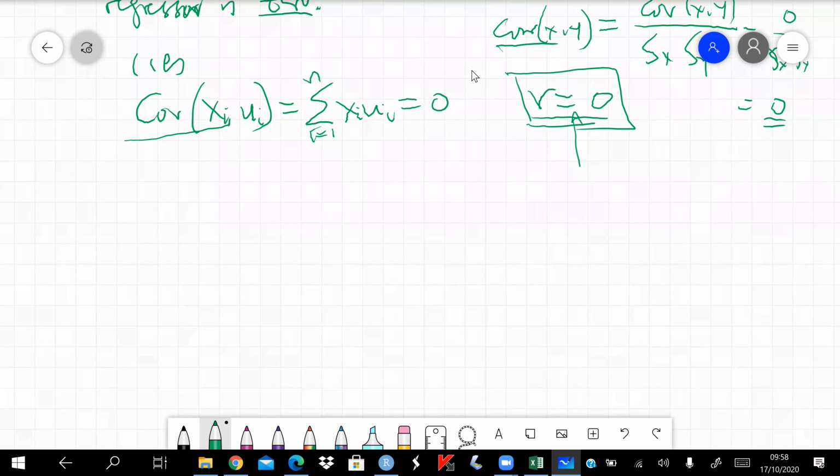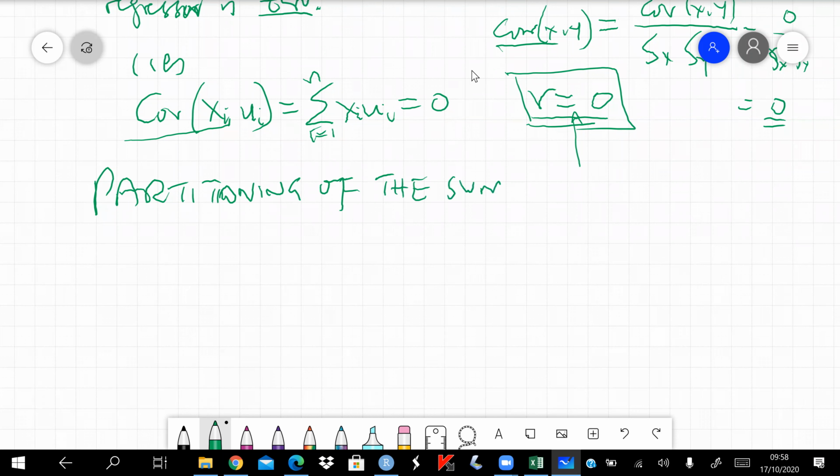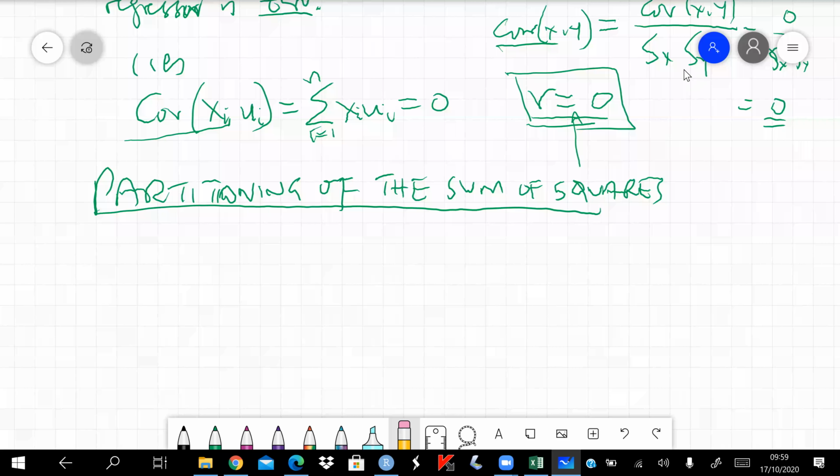So this is the partitioning of the sum of squares. We start from the normal equation.